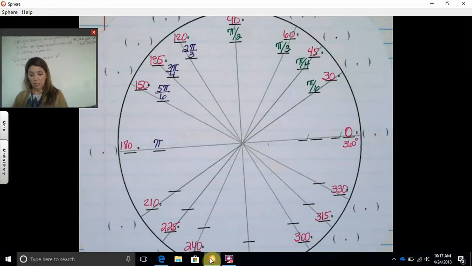Coolio. All right, I want y'all to do this next quadrant on your own. So do 210 degrees to 270 degrees.